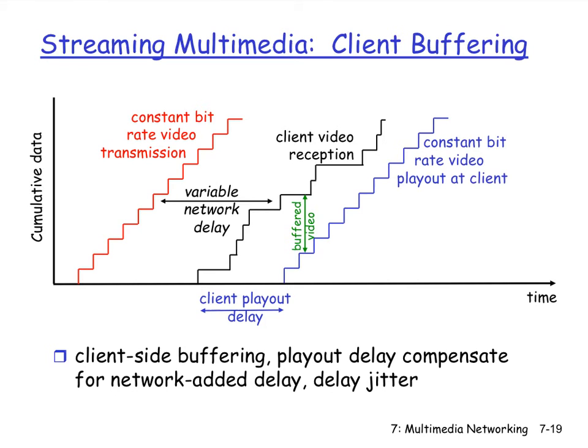As we have discussed before, if we were to assume that the multimedia content on the server side, or on the side where we generate the multimedia content, is actually fixed in terms of data rate, and the most common example for this is uncompressed audio or video, right? For uncompressed audio or video, we have this sawtooth kind of behavior where we create packets in a fixed time interval.